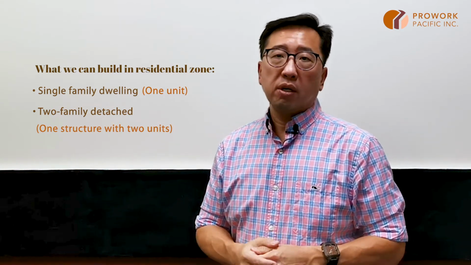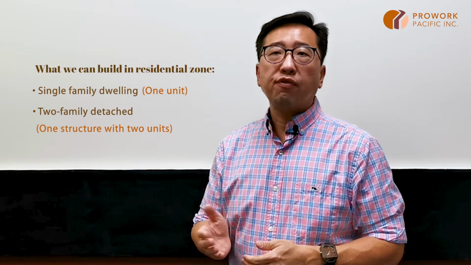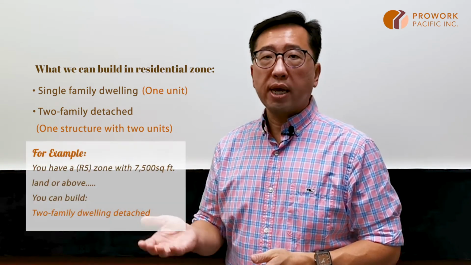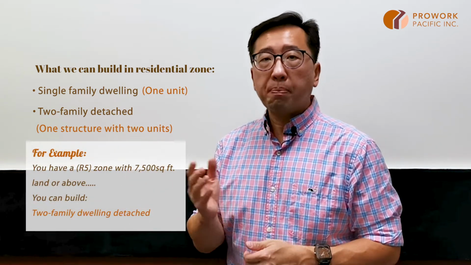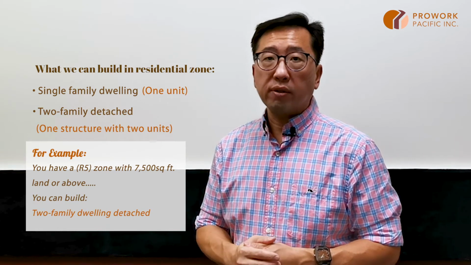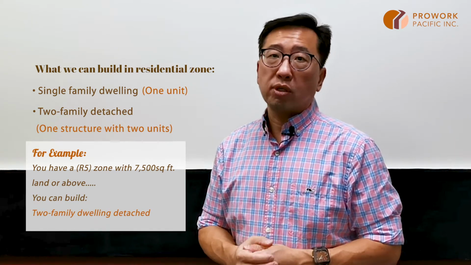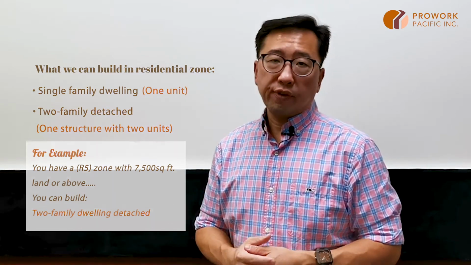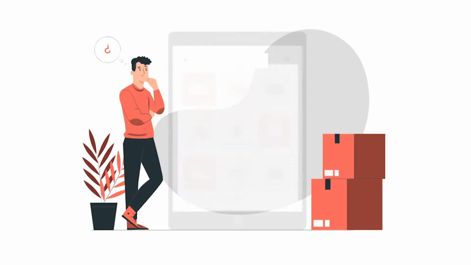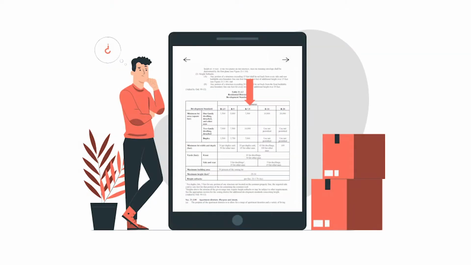Now, basically, if you have R5, for example, and your land is 7,500 square feet or above, then you can build 2 family detached. Let's say you have 8,000 square feet, then you can build 2 family detached on that parcel. If you are R7.5, then you need 14,000 square feet to build 2 family detached.